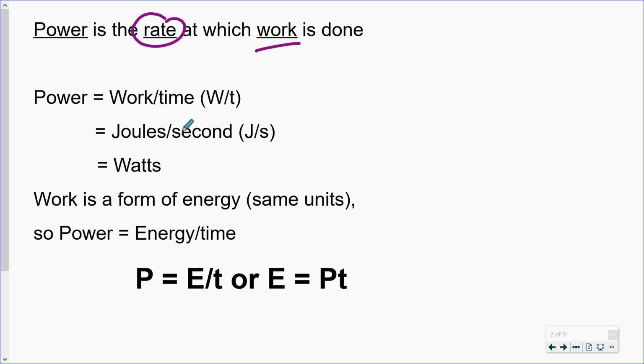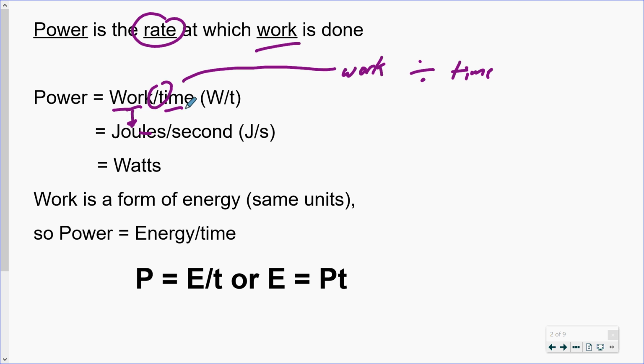So power, again, is the amount of work that is done over time. So remember that this backslash here does mean divide, just in case people don't remember that. So work divided by time, that is power. The units for work are joules.